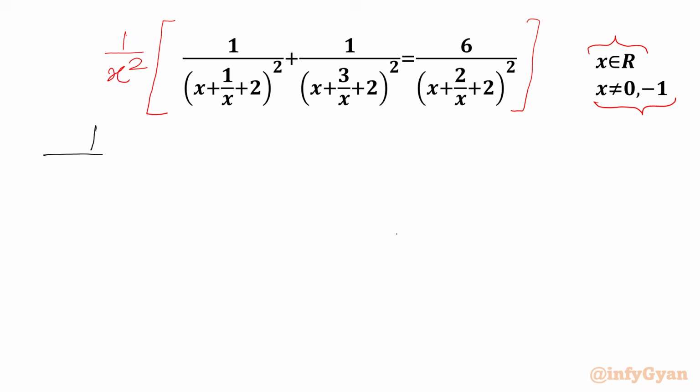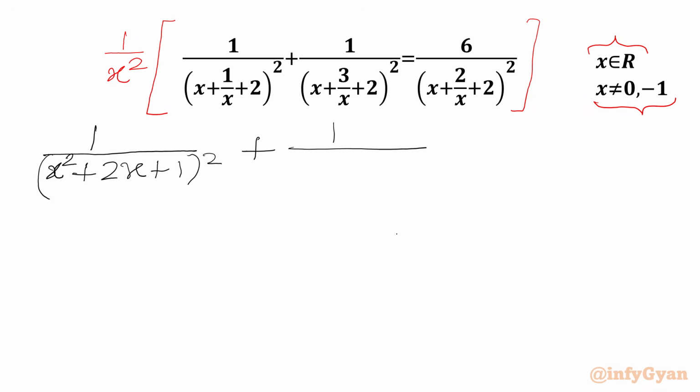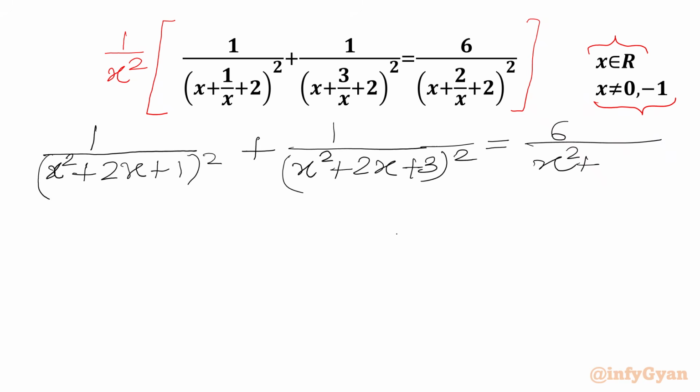So I can write here 1 over x times bracket x plus 1 over x plus 2 whole square, which will give us x square plus 1 plus 2x, which I am writing x square plus 2x plus 1 whole square, plus 1 over x square times 1 over x plus 3 over x plus 2 whole square will be equal to x square plus 2x plus 3 whole square equal to 6 over x square plus 2x plus 2 whole square.